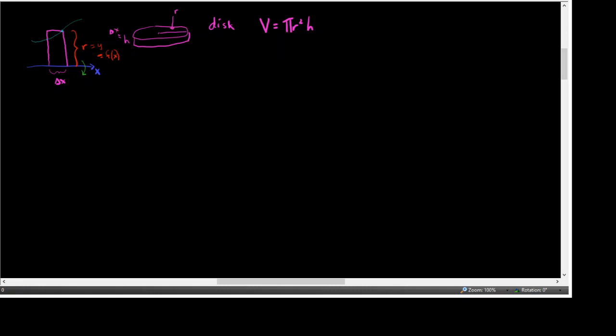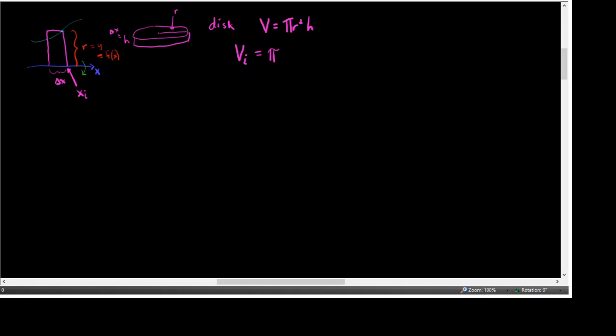So using that, if this is the ith rectangle that we're moving around, or revolving around that axis of revolution, and that x value right there is x sub i, so the x we're using for the ith rectangle, as it's revolved around, the volume of this one disk, this one cylinder, will be pi times the radius, which for the sake of simplicity, let's assume that we are doing exactly the situation pictured to the left.